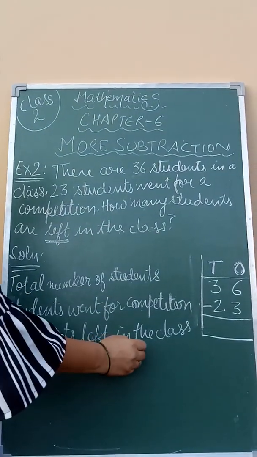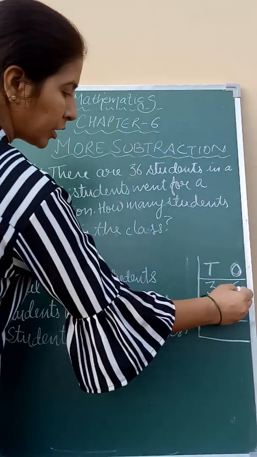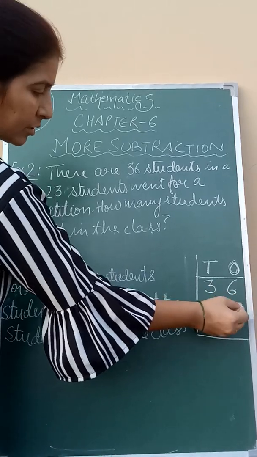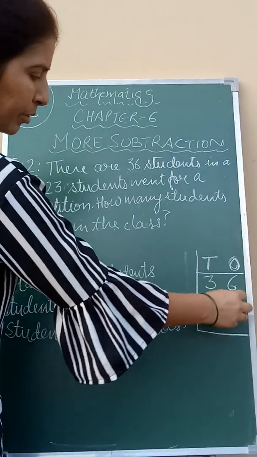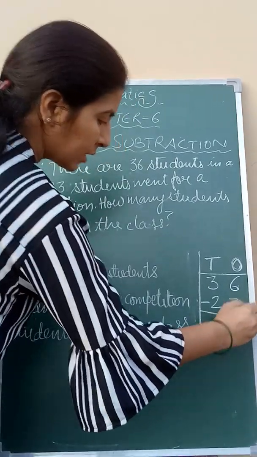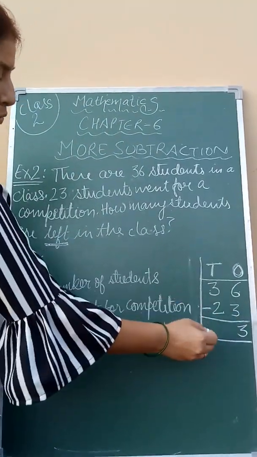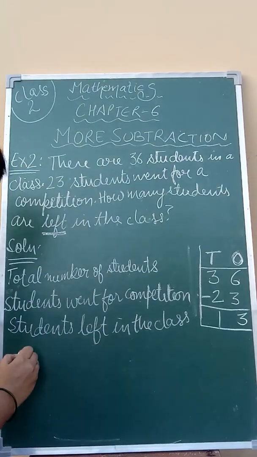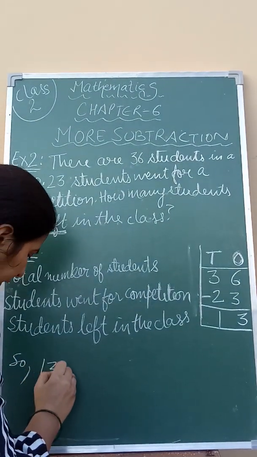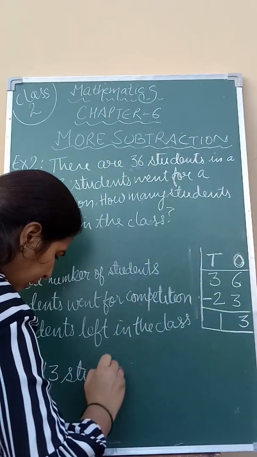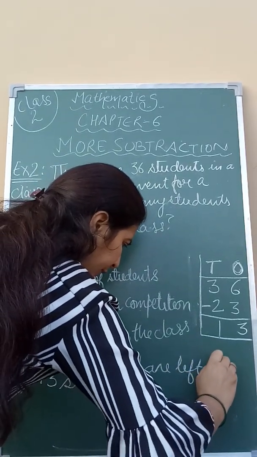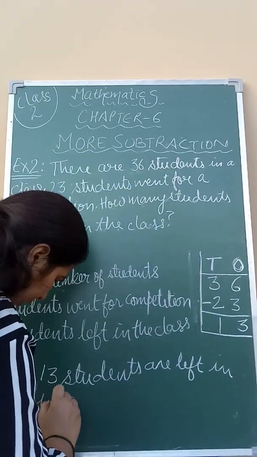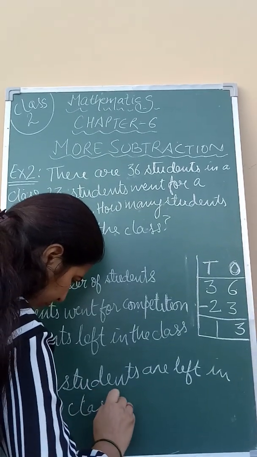Now the total number of students left. Again we have to check the ones place digits, 6 and 3. 6 is bigger than 3, so we can easily subtract. So 3 is the answer, and here 3 minus 2 is 1. So at the end you have to write the statement, 13 students are left in the class, right students?